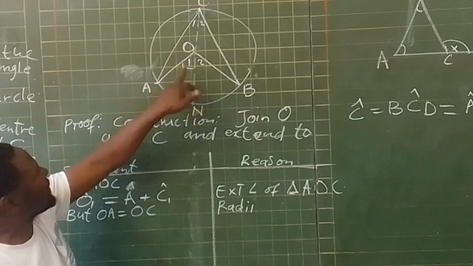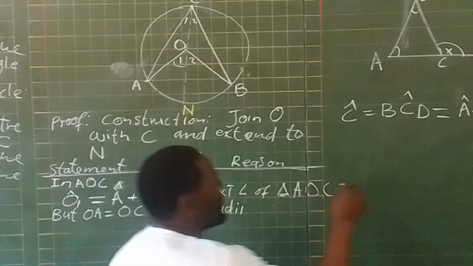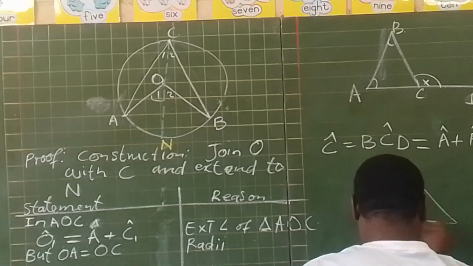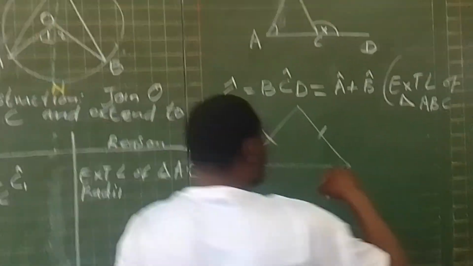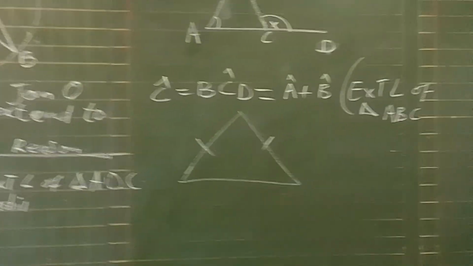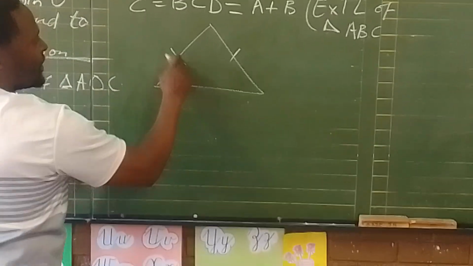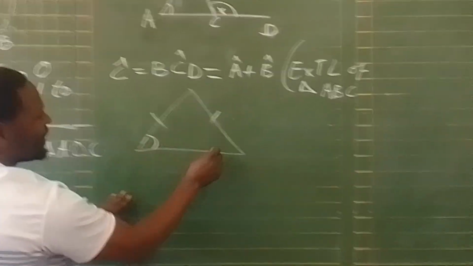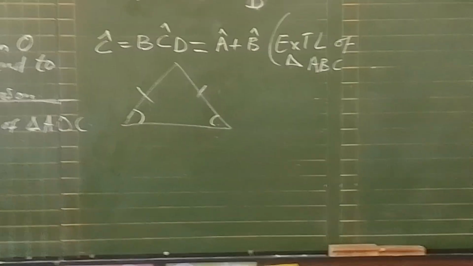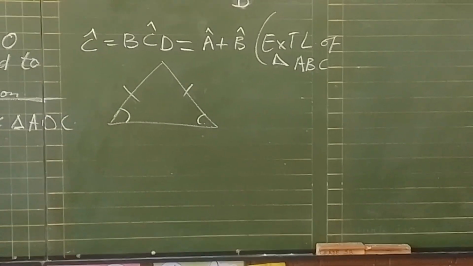Now if we know that this angle is equal to this, we come to the isosceles triangle. If this angle is equal to that, this side is equal to that side, then the base angles are equal. So we have this side equal to that side.